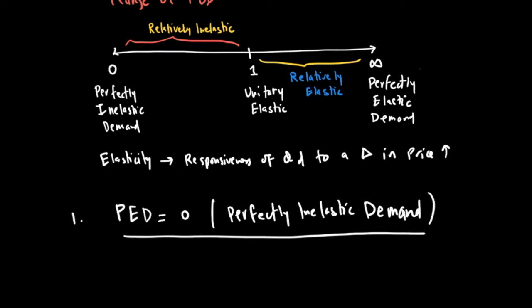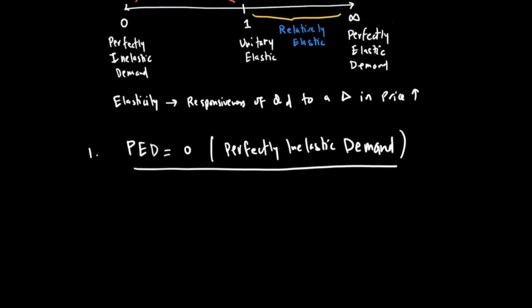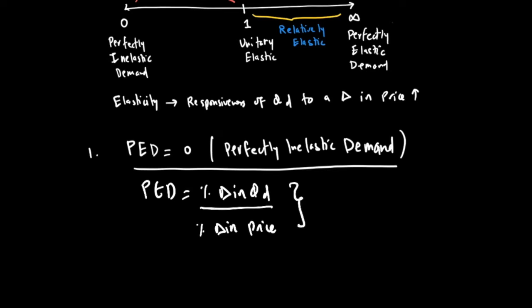If it's perfectly inelastic demand, I'm saying PED is 0, which means, if we use our formula, PED is equal to percentage change in QD over percentage change in price, basically what we're trying to say is just that the quantity demanded is not responsive to a change in price. So there's no change in quantity demanded to a change in price. Like if the price goes up or price goes down, there is no change whatsoever in quantity demanded.